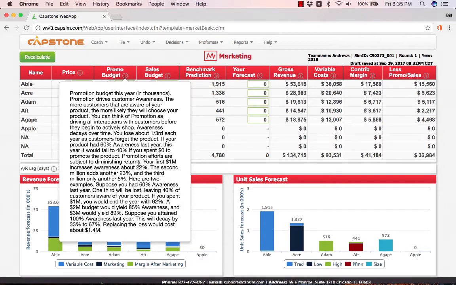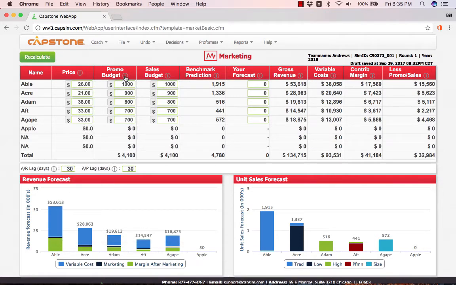But then for the next $1.5 million, it only goes to 50, and so on and so forth. You can read that. So because I'm really interested in selling my low and traditional product, I'm going to put those in at $1,500 a piece. Whoops, that's a lot there. I don't want that much. Let's see, there we go. Oops, come on. That's not going. There we go.